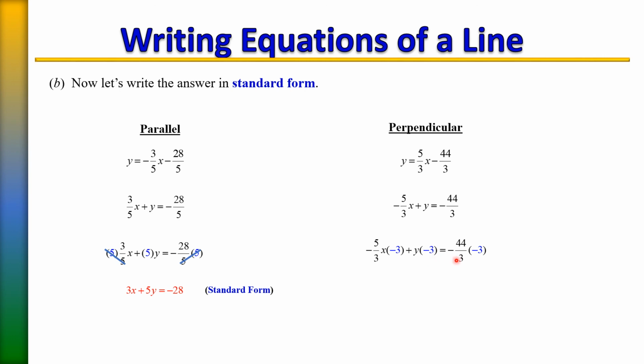The last term, I'm multiplying a negative with a negative. That's going to make that last term a positive. So when we cancel those common factors, we are left with the standard form of 5x minus 3y equals 44. And there you have it. Both the parallel and perpendicular line to the given line.